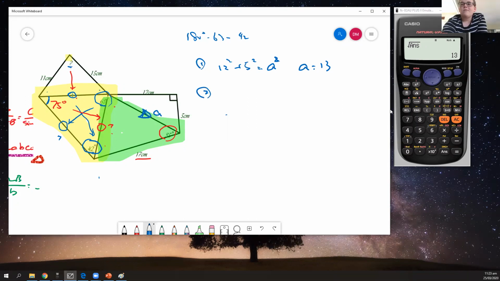Triangle number 2. So we have this triangle, this is 13, and this is 17. This is angle 35. Can you look for the opposite side?